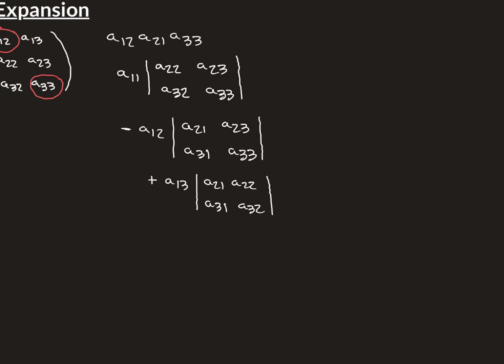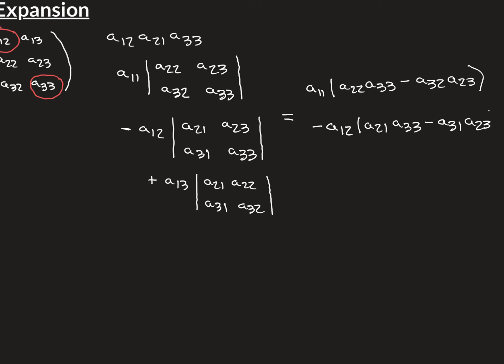So if we now work out what the determinants of these 2 by 2 matrices are, this is going to become A11 times (A22 times A33 minus A32 times A23) minus A12 times (A21 times A33 minus A31 times A23) plus A13 times (A21 A32 minus A31 A22).